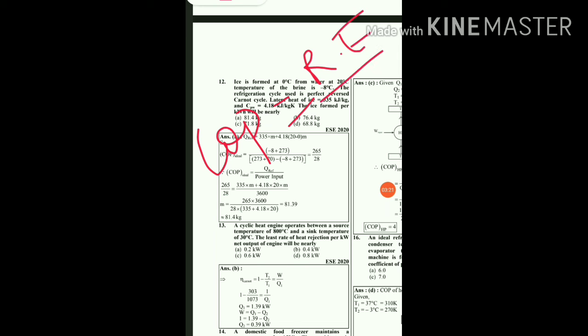Once you find the refrigeration effect, you just have to find the power input. COP is nothing but the refrigeration effect upon the power input. So COP, 265 by 28, equals the refrigeration effect we already know, 335 into mass plus 4.18 into 20 into mass, divided by power input.